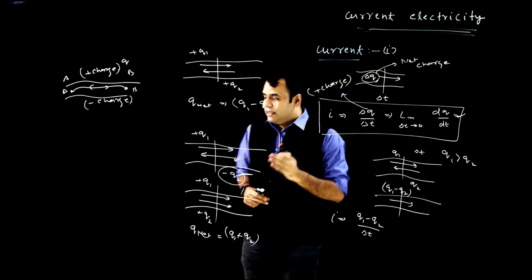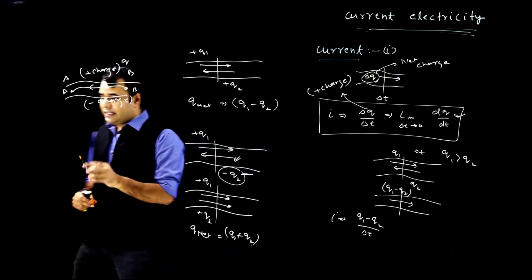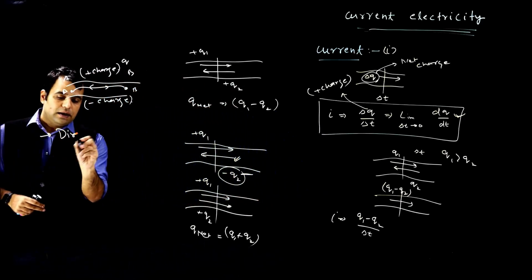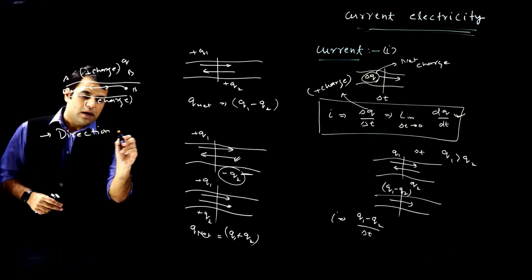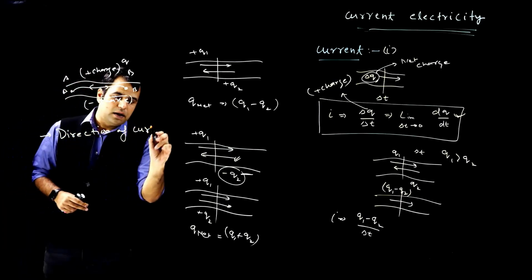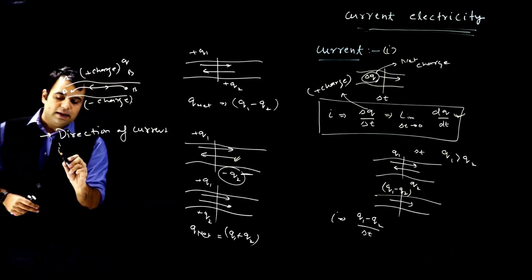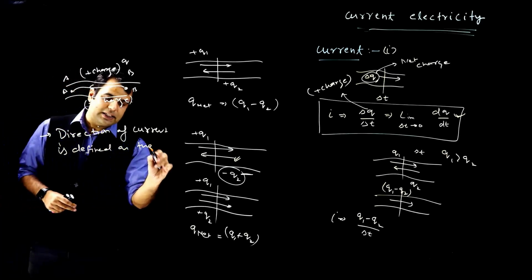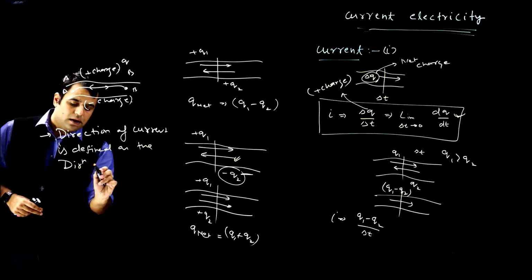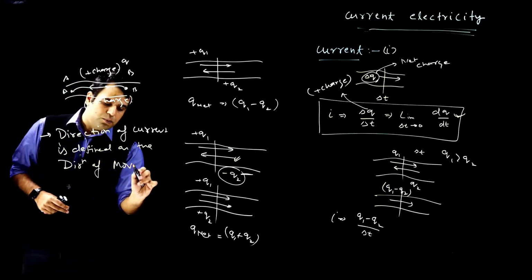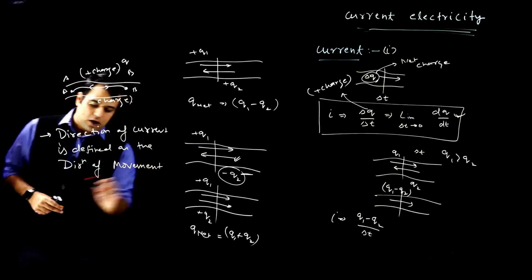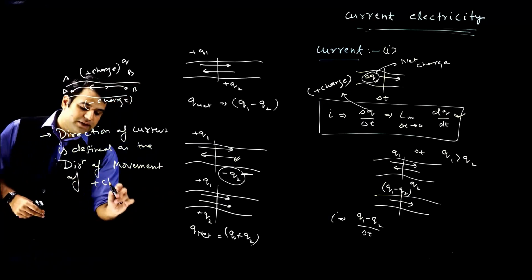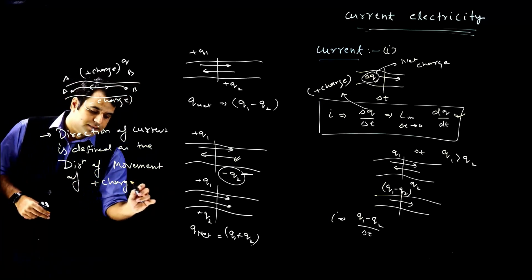Okay, and the direction of current is defined as the direction of movement of positive charge.